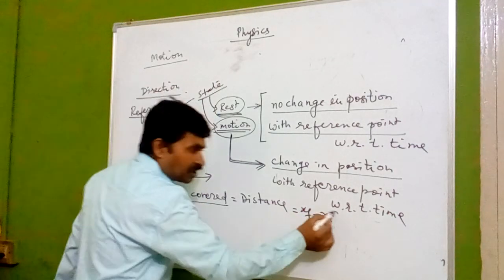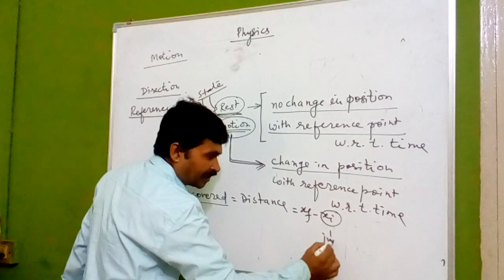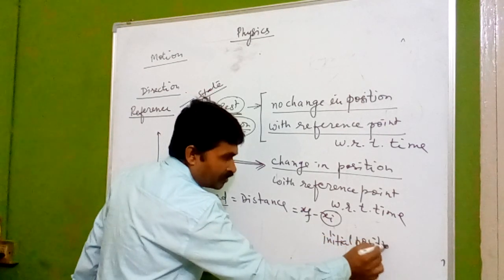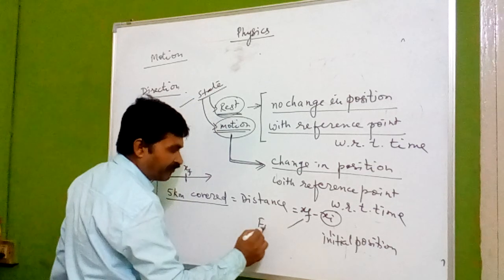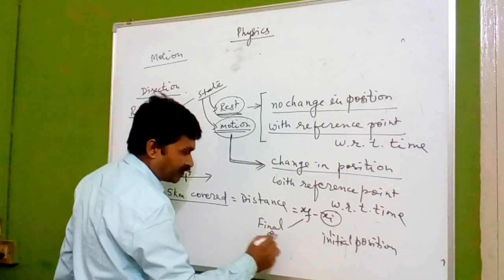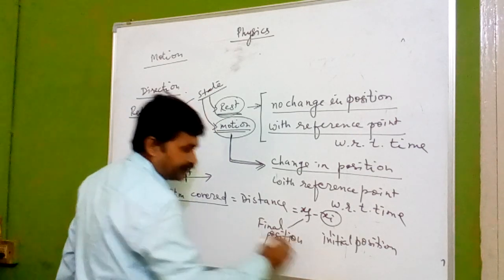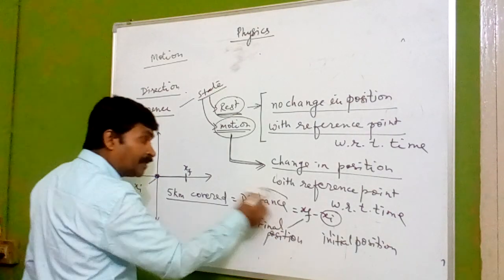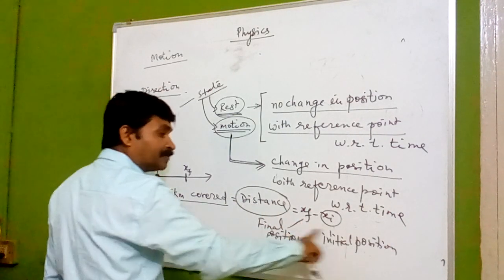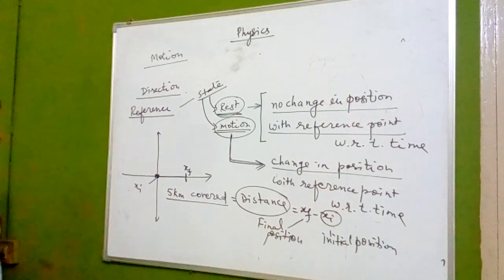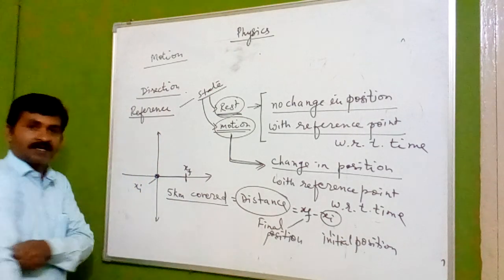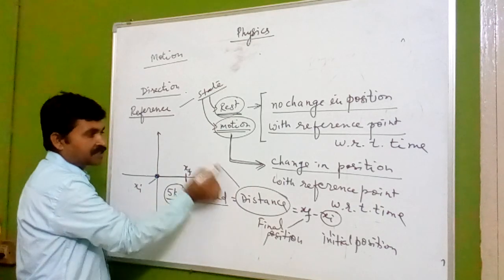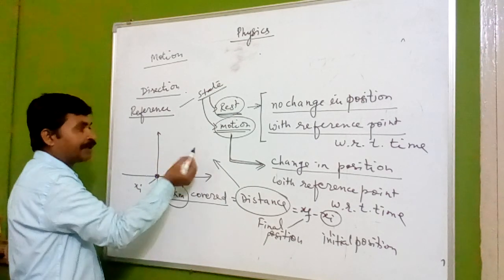We can call it initial position, इसको हम initial position कह सकते हैं और इसको हम final position कह सकते हैं. ठीक. So distance covered is given by final position minus initial position, 5 kilometers covered. Now I have given you the unit of distance, which is not giving you any direction.